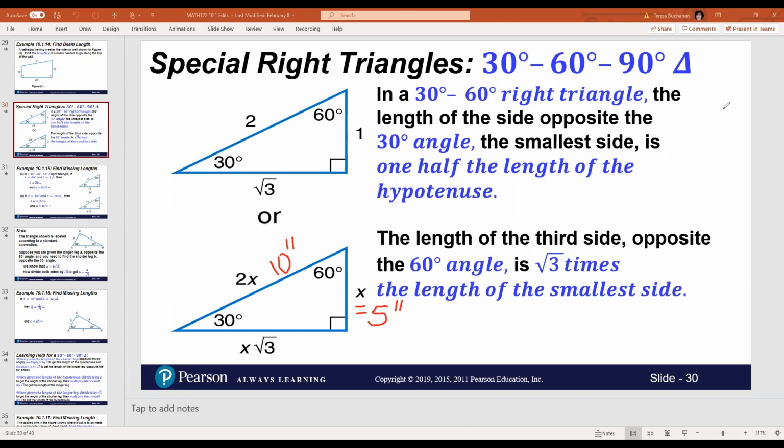And I could know that down here, this third side, that leg that's horizontal, is 5 square root of 3 inches. Awkward, but true. 5 square root of 3 inches. Okay, so this is an important set of relationships that we use a lot.